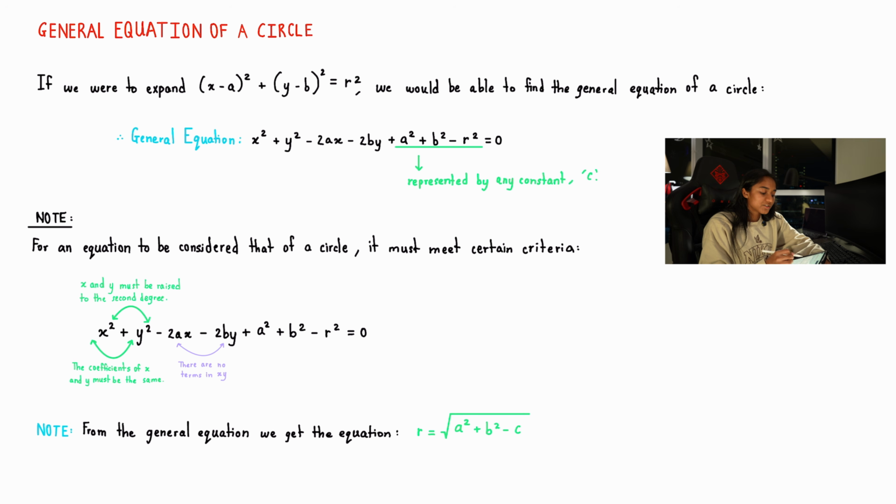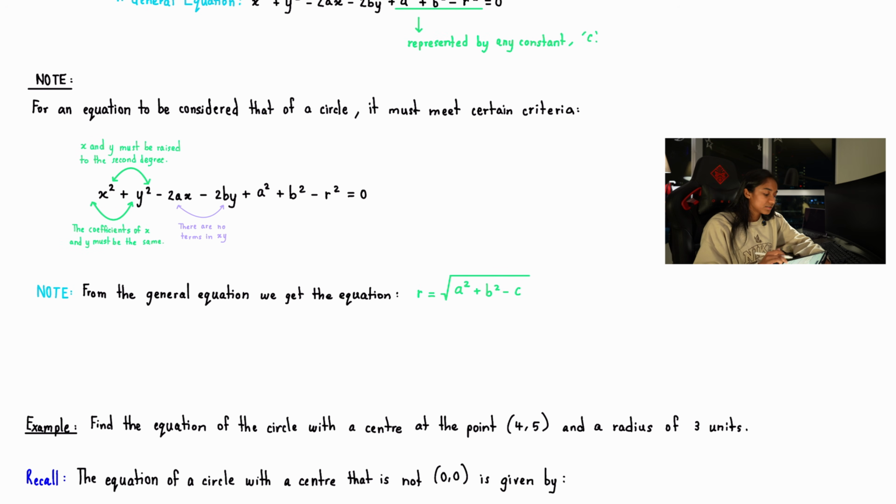So the general equation would be x squared plus y squared minus 2ax minus 2by plus a squared plus b squared minus r squared is equal to 0. And this can be represented by any constant c. So let's take a note. For an equation to be considered that of a circle, it must meet certain criteria. X and y must be raised to the second degree, so x squared and y squared.